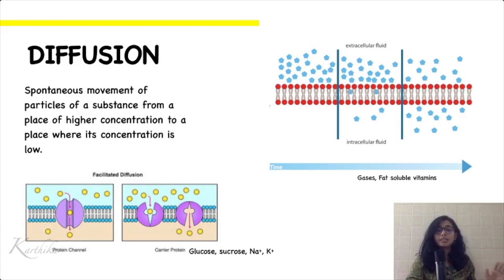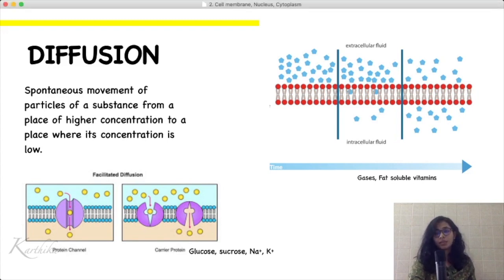So that is basically diffusion. It's the spontaneous movement of particles of a substance from a place of higher concentration, that is the kitchen in our example, where it is present more, to a place where its concentration is low. Let's look at this first example. Let's say these are gases.